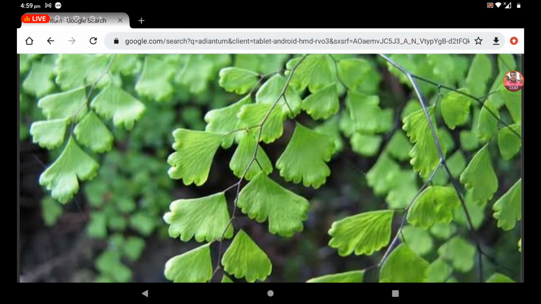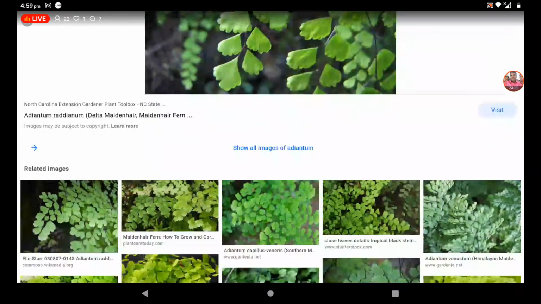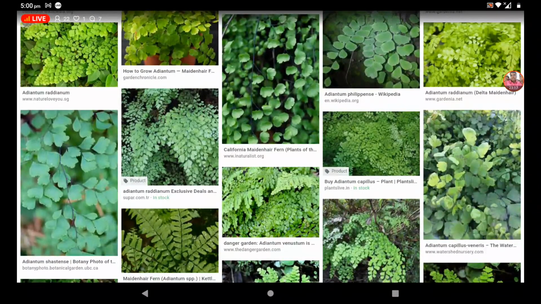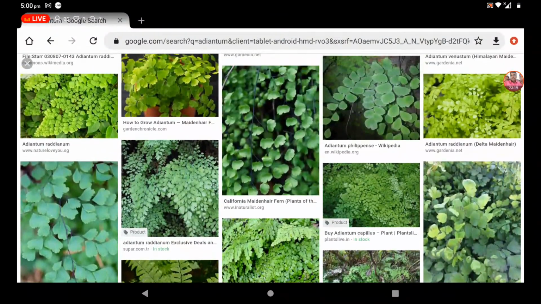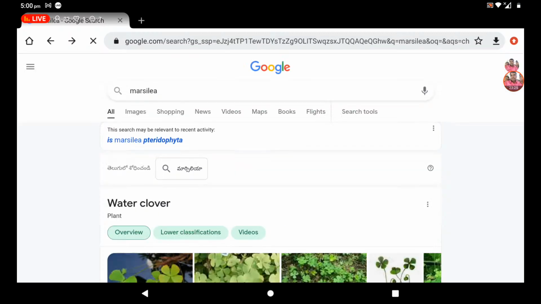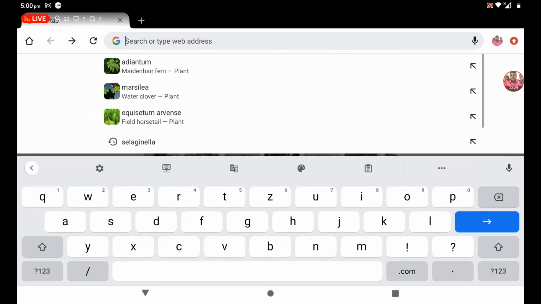Fern plants, that means pteridophytes, are attractive because of their leaves and the arrangement of leaves on the stem. So there are best ornamental plants and also best medicinal plants in Pteridophyta. Because of that reason we should be aware of all this.